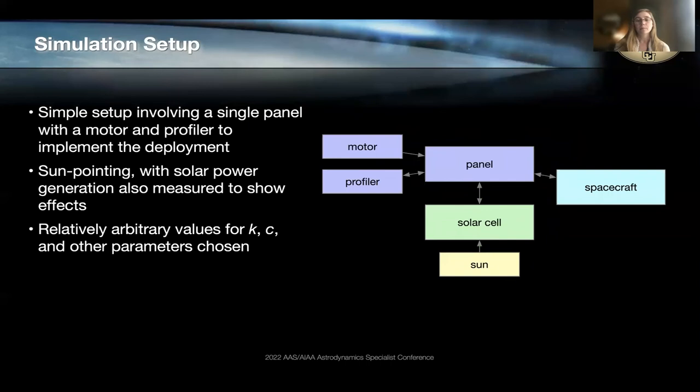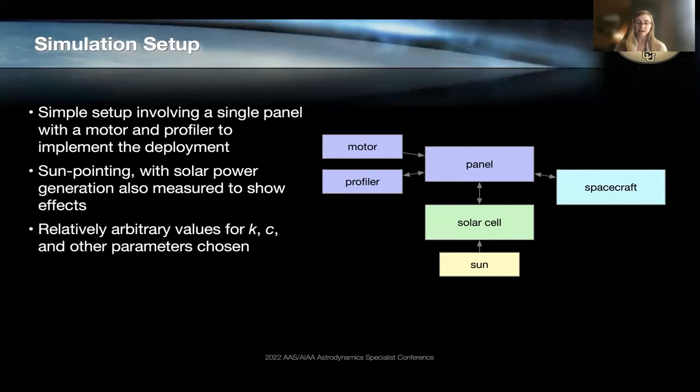So to set up a particular simulation, to show what it all looks like, there's a spacecraft hub, there's a panel, and I've set it up with a solar power panel attached to the structural panel. So the sun in the simulation will be a proxy for where the panel is.